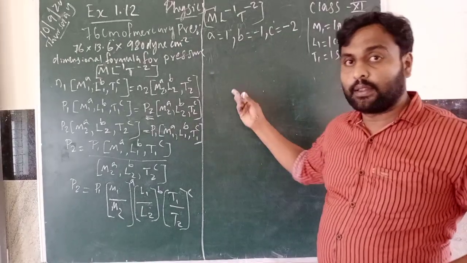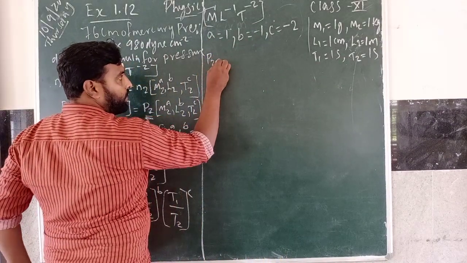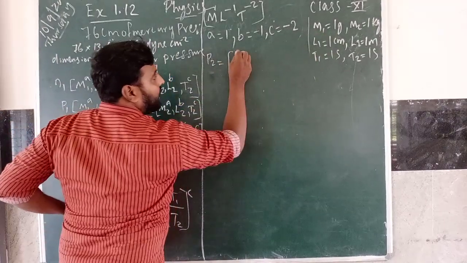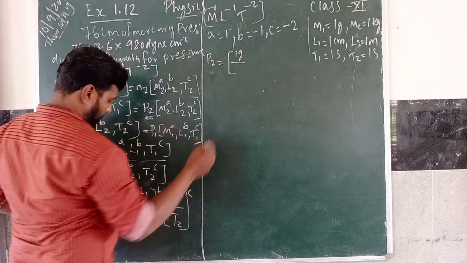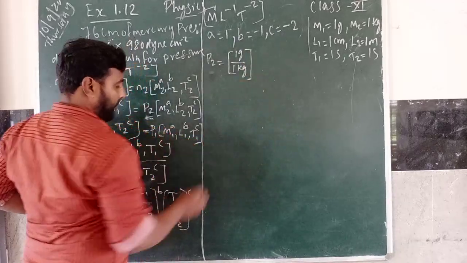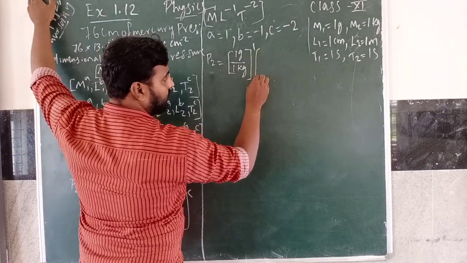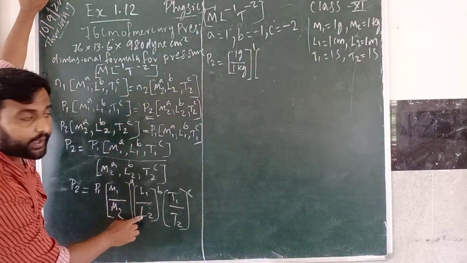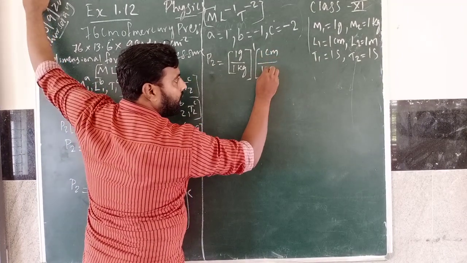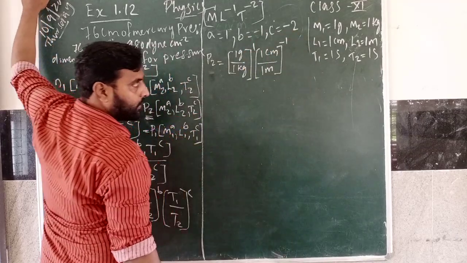So take this equation again and rewrite it. P2 equals (M1, which is 1 gram, by M2, which is 1 kilogram) power a, which is 1. Now L1 by L2: L1 is 1 centimeter, L2 is 1 meter, and the power is minus 1.